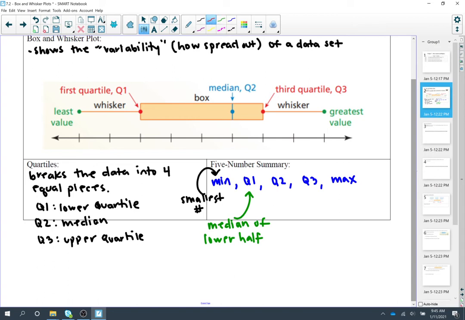Your Q2, and I kind of already covered this, but this is your median of the data set. Your Q3 is the median of the upper half. And then your max is your largest number. And that is your 5-number summary. There's 5 numbers.